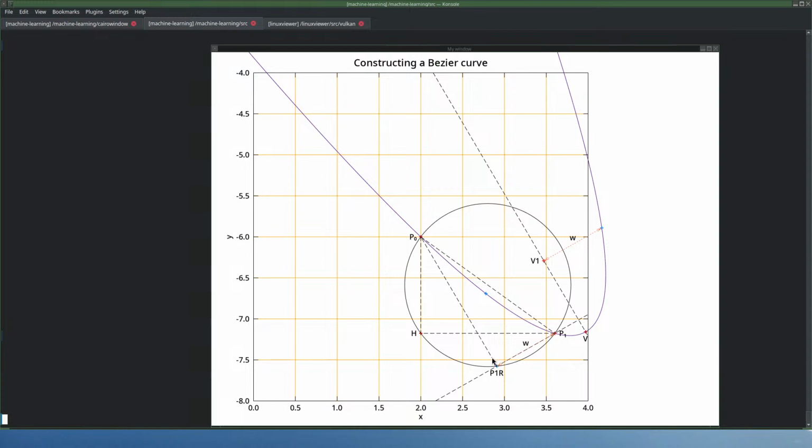So this angle is 90 degrees because it's on that circle. This is 90 degrees, and therefore it is on the circle.